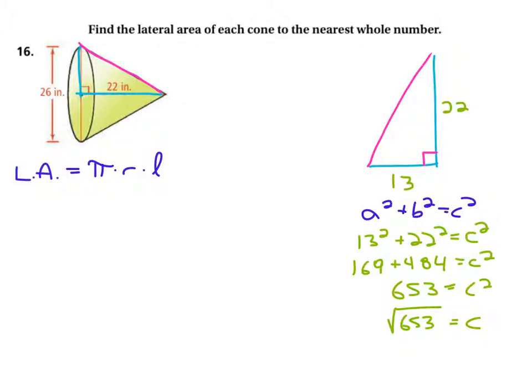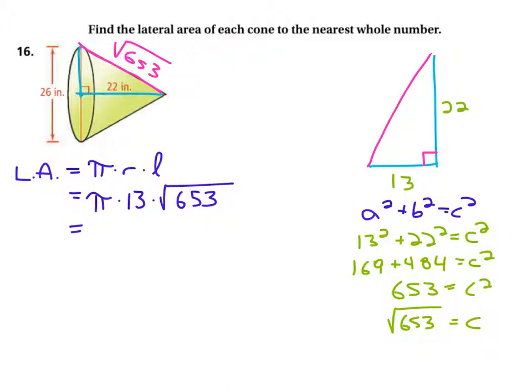I can write that in pink in our diagram. Now when we plug it all in, we say pi times the radius. The radius is half the diameter. If the diameter is 26, then the radius is 13, times the slant height, which is root 653. That's the exact value of it.